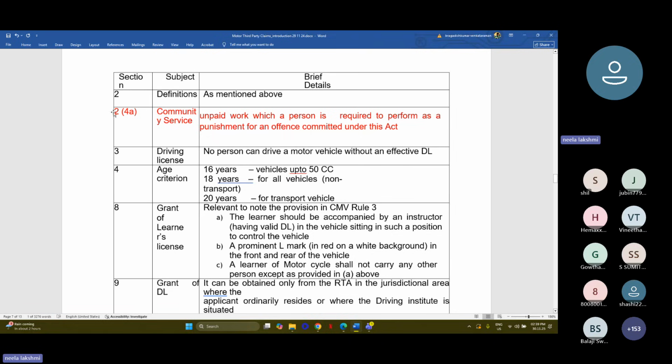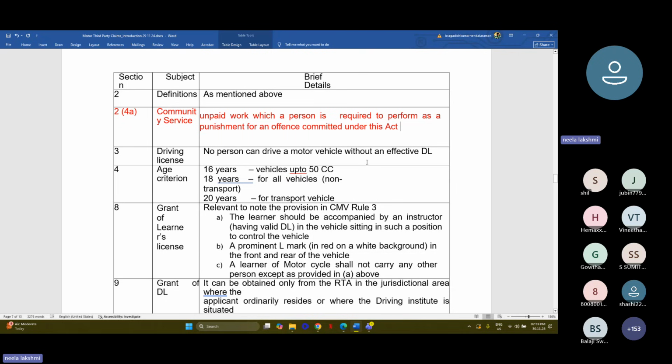This is a new inclusion, 4A. Whatever I have highlighted is new in the amendment which finds a place in the amended Act. Section 2, subsection 4A, community service: instead of giving some physical punishment or some penalties, offences in monetary form, it is unpaid work which a person is required to perform as a punishment for an offence committed under this Act.